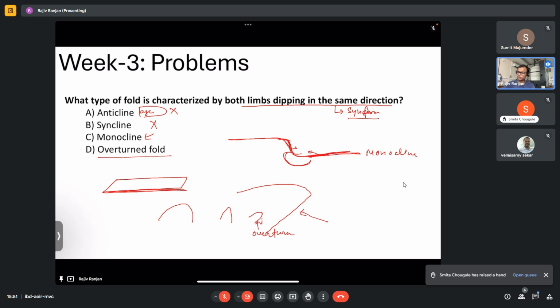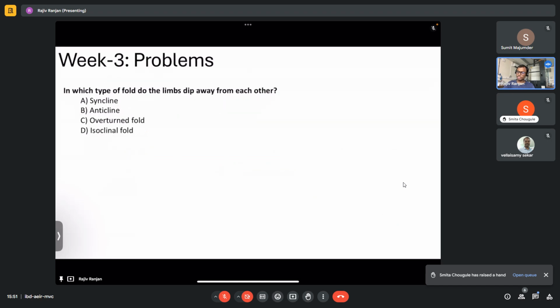So this is an example of an overturned fold. Got it? Okay, let's move to the next question.